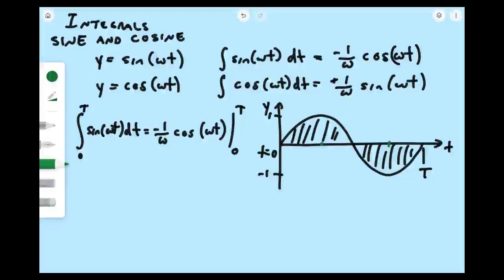We need to draw in our cosine function. So at time capital T, the cosine is 1, and at time 0, the cosine is 1.